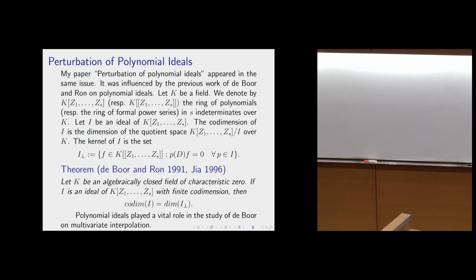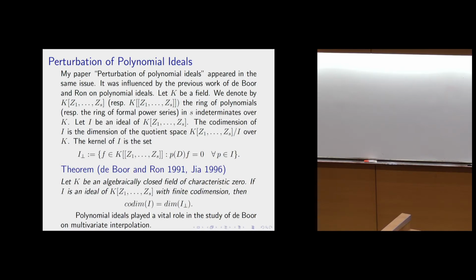And in the same issue, we have perturbation of polynomial ideals. This idea I learned from de Boor and Ron. Now, this idea was not new, in fact, if you look at, say, algebraic geometry.